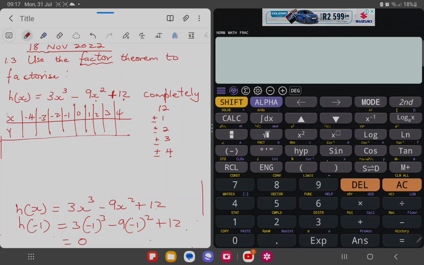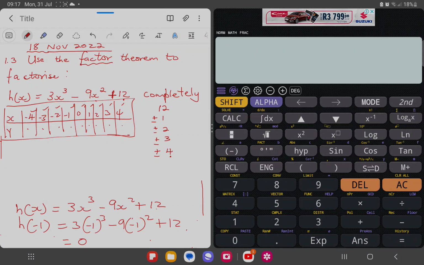Then we're going to see which value of x gives us a 0 in the y value, because the number that gives us a 0 for y means it is a factor.